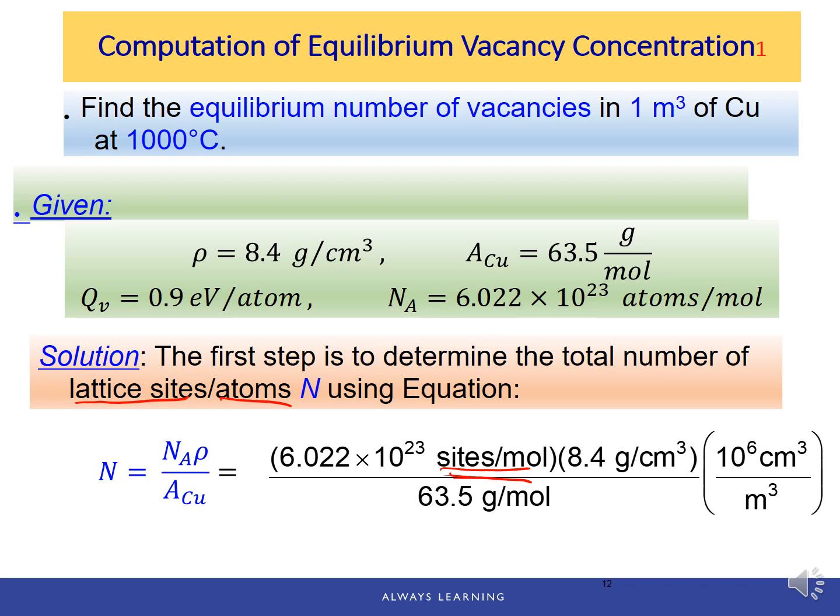N_A is atoms per mole, and rho is gram per cubic centimeter.